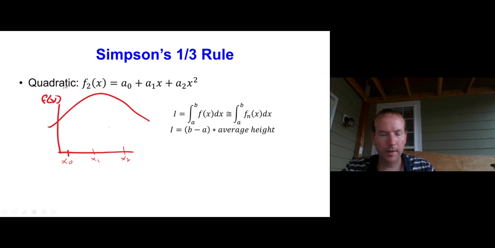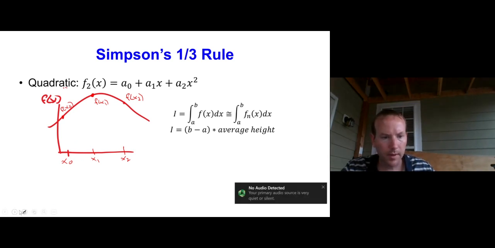If you have 3 points along your function, f of x1, f of x2, and f of x0, then what we're doing here is we're assuming that the function is shaped like a quadratic.